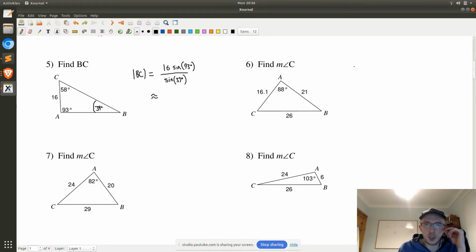So we can say for sure that sine of angle C over 21 is equal to sine of 88 over 26. And therefore, bring that up. So C is the arcsine of 21 sine 88 all over 26.